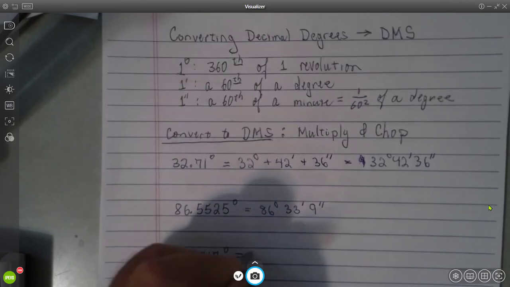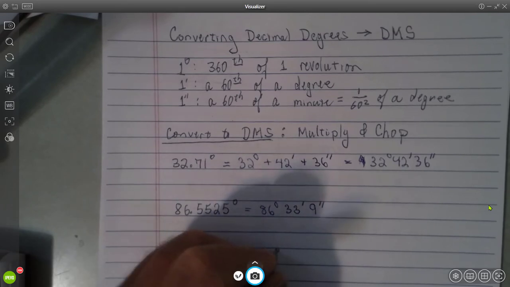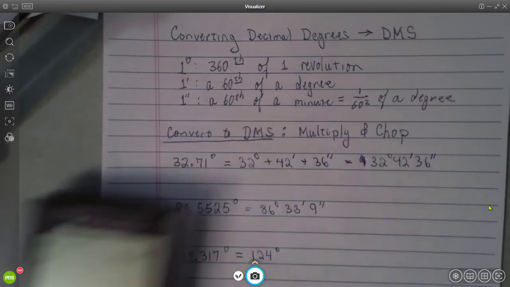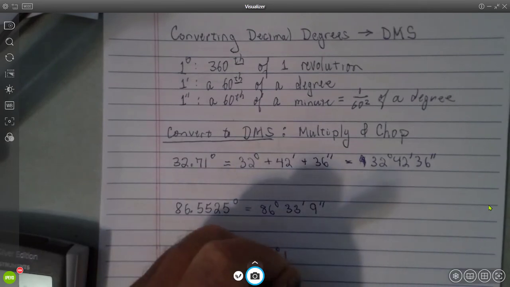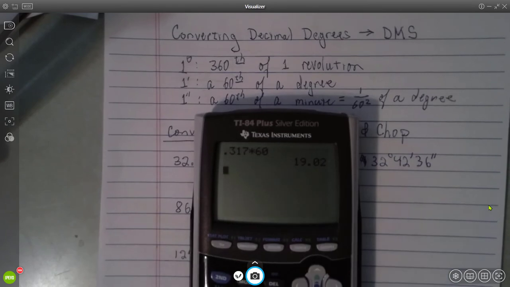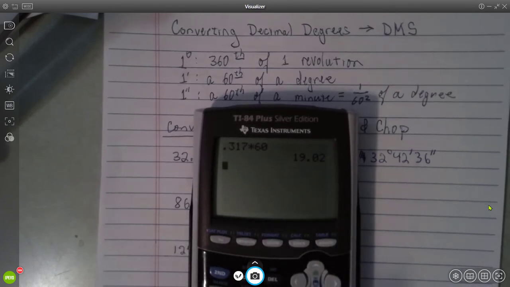In this case, well, as usual, the whole number is the number of degrees, 124. 0.317 times 60. We have 19 minutes. And now we're interested in the 0.02. By the way, I could enter the 0.02 or I could subtract the 19 in order to get this value up here, right?